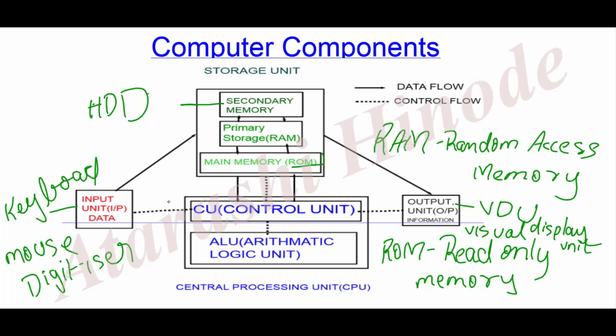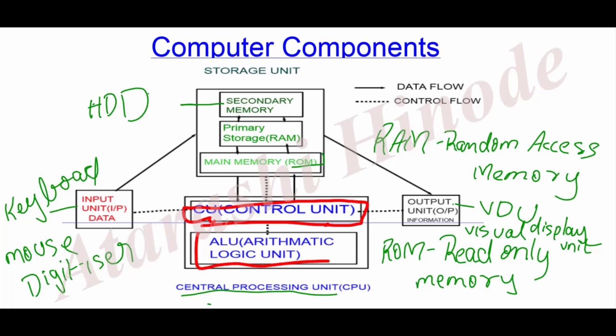The data which we enter through the input unit first goes to the CPU. CPU is the abbreviation of Central Processing Unit, and it has two major parts. The first one is the CU, the control unit. It looks after the various peripheral devices, such as pen drives, keyboards, or mouse, input or output devices, and makes them properly functioning devices.